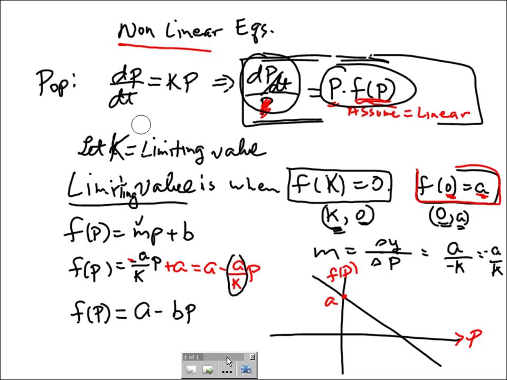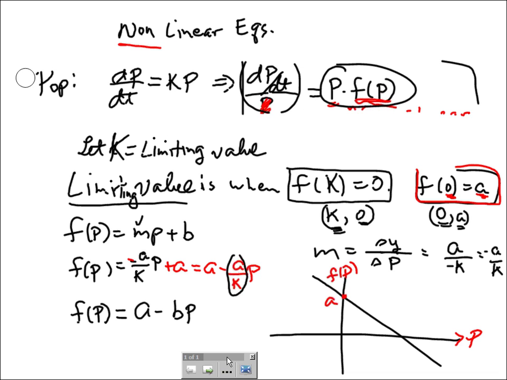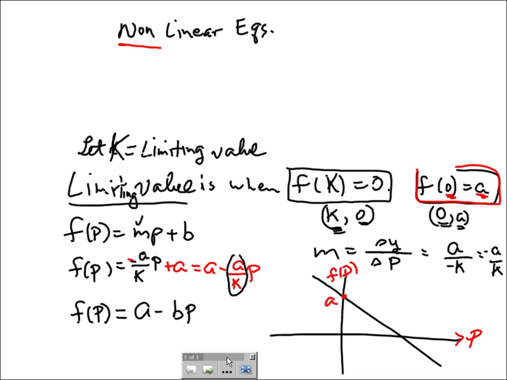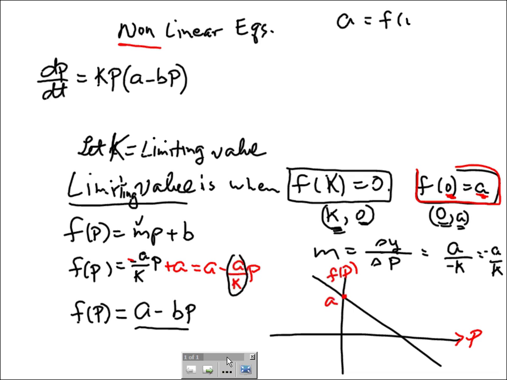So let's write down our equation up here. We have dp dt is proportional to, so it equals k times p times f of p, which is this. Now, a is f of 0. b is a over k.